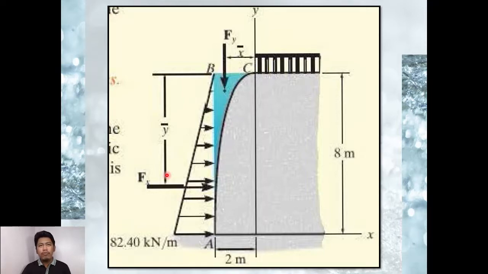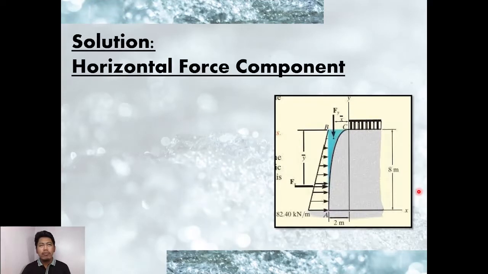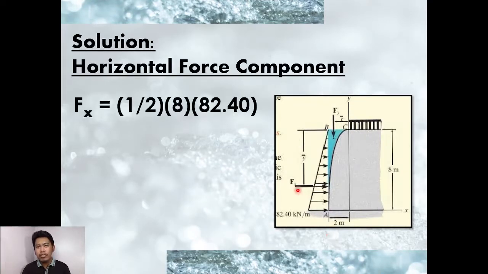To compute the component forces, we retain the station from earlier. For our horizontal force, we use what you may remember from your statics of rigid bodies or engineering mechanics: when the loading is triangular, we use the formula for a triangle. Since it projects onto the area, as you noticed in our previous discussion, it is 1/2 multiplied by the height of 8 multiplied by this pressure, 82.4 kilonewtons per meter.